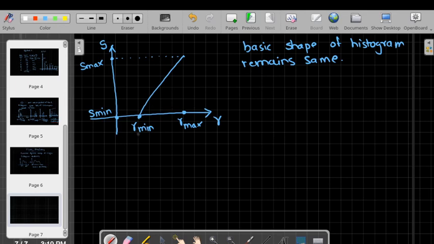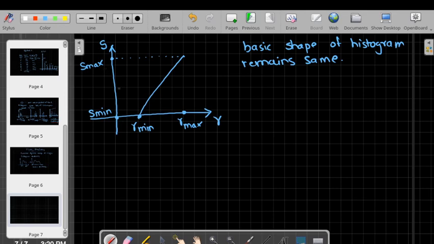Here R min is the minimum gray level of the input image, R max is the maximum gray level of the input image, S min is the minimum gray level of the output image, and S max is the maximum gray level of the output image.